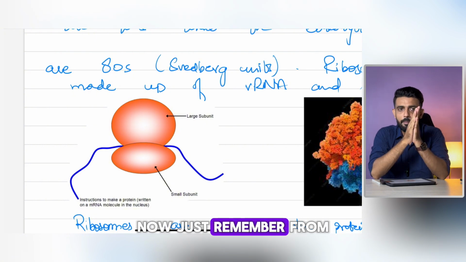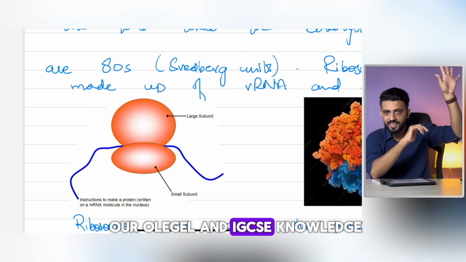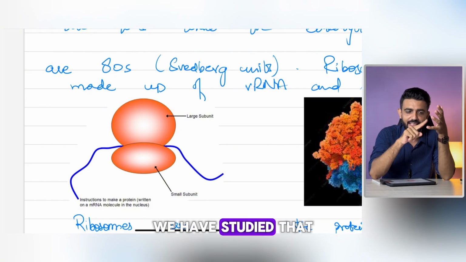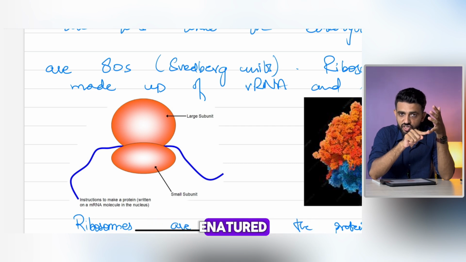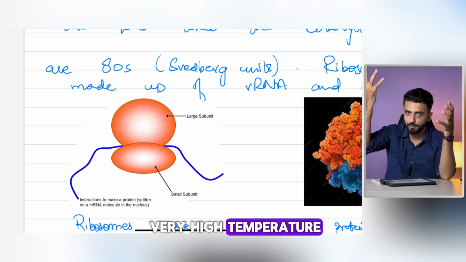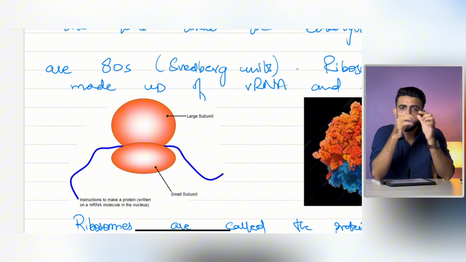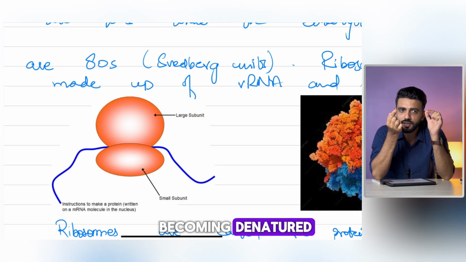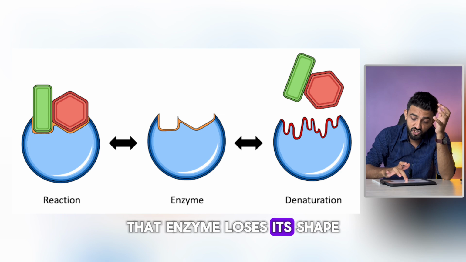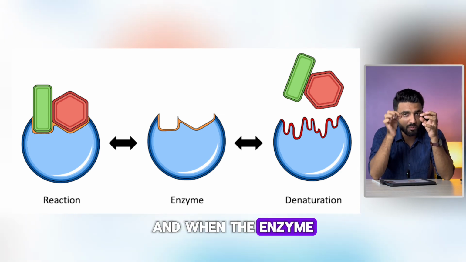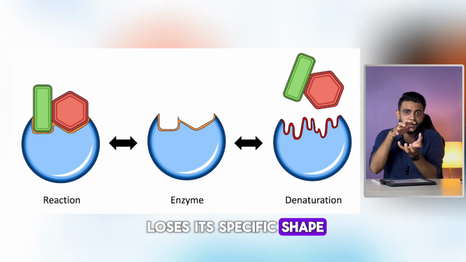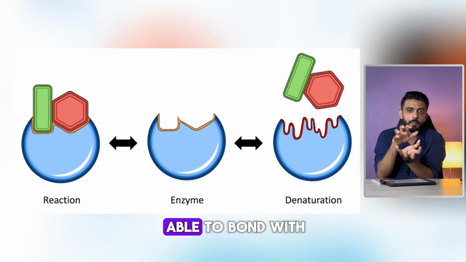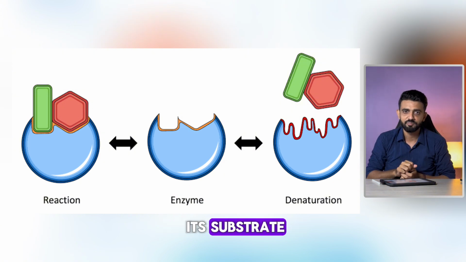Now, just remember from our O-levels and IGCSE knowledge, we have studied that enzymes can become denatured when they are at very high temperature, for example. So, what do you mean by enzyme becoming denatured? That enzyme loses its shape. And when the enzyme loses its specific shape, it is no longer able to bond with its substrate.